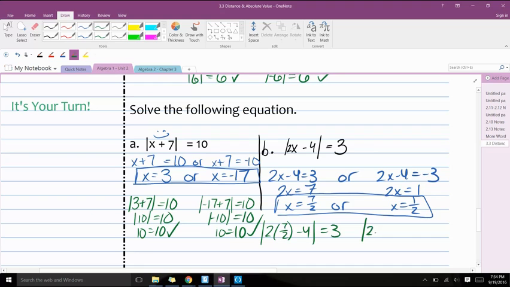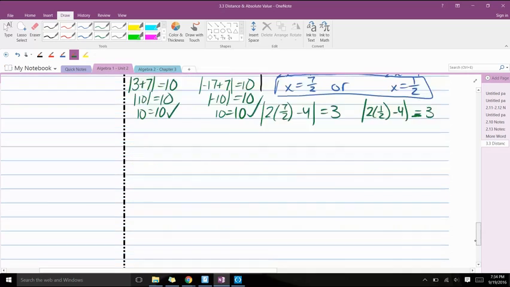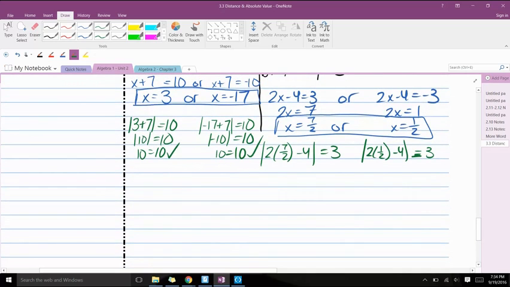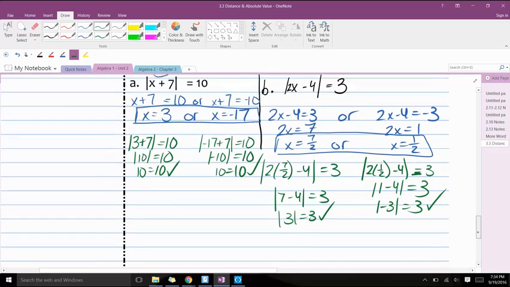And then 2 times 1 half minus 4, and the absolute value should equal 3. All right, let's check real quick. 2 times 7 halves is 7. 7 minus 4 is 3. Hey, the absolute value of 3 is 3. 2 times 1 half is 1. 1 minus 4 equals negative 3, but the absolute value of negative 3 is 3.